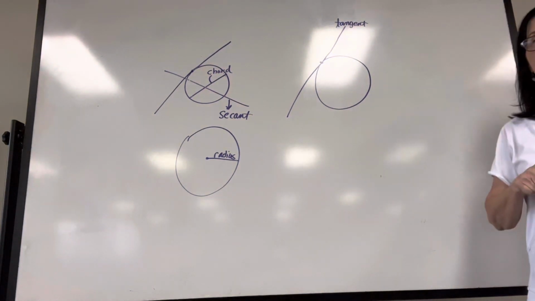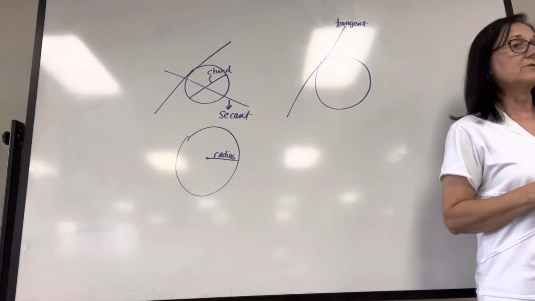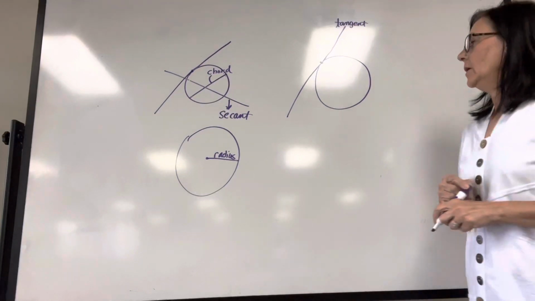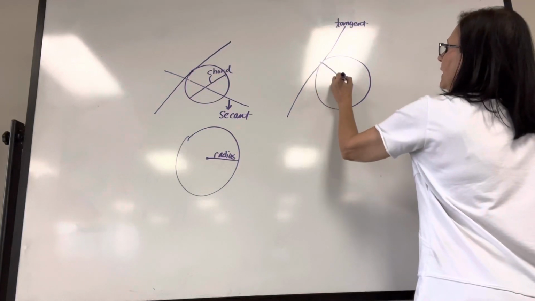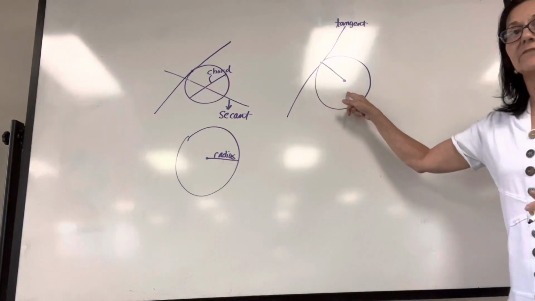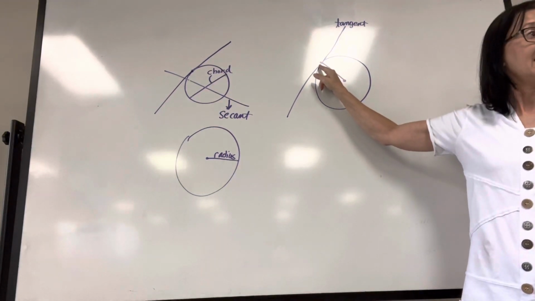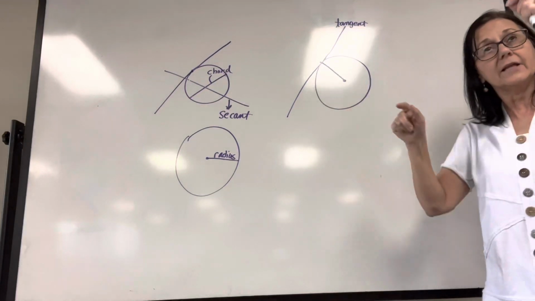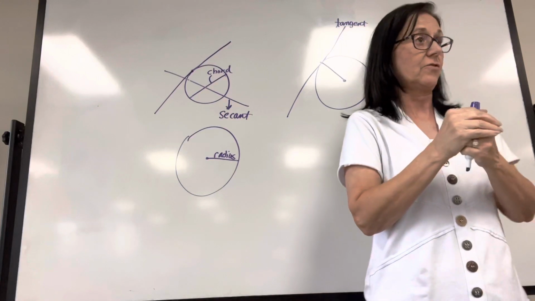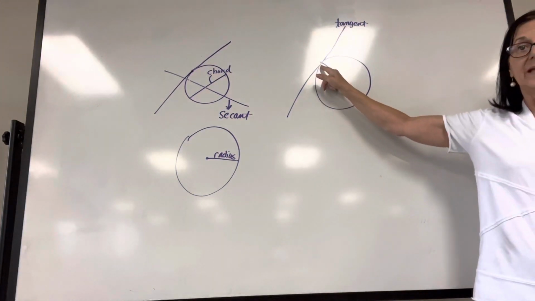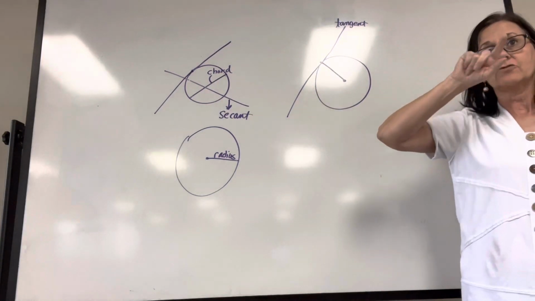Well, now there's also some interesting things that happen when we have lines tangent to a circle. When a line is tangent to a circle and the radius of the circle intersects the circle at the exact point of tangency, where the line intersects that circle at 1 point, something is always true.